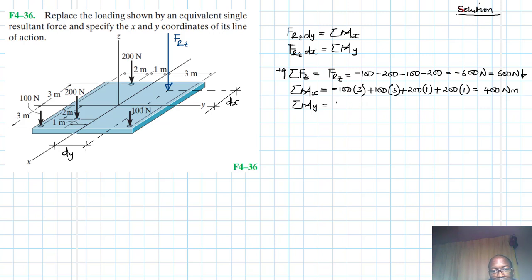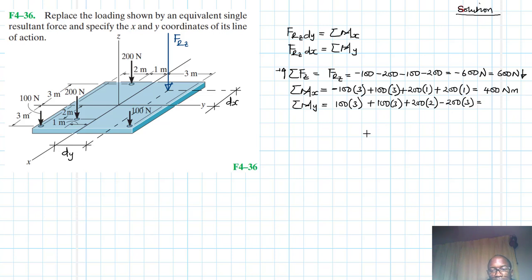It will be 100 times the lever arm 3, and then the other 100 times the lever arm 3, and then we have 200 times the lever arm 2, and minus 200 times the lever arm 3.